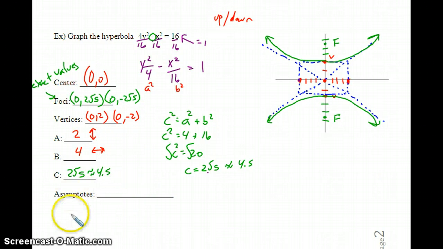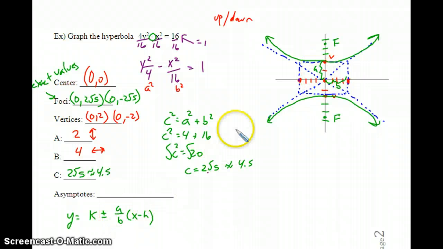So make sure you're giving exact values there. And then finally, we need to write the equation for the asymptotes. Here is the generic form of it. It's got the a over the b times the x minus h. That should make sense, because if I'm trying to find the slope of this line, that's essentially what it is: we do rise, which is our a distance, and our run, which was our b distance.